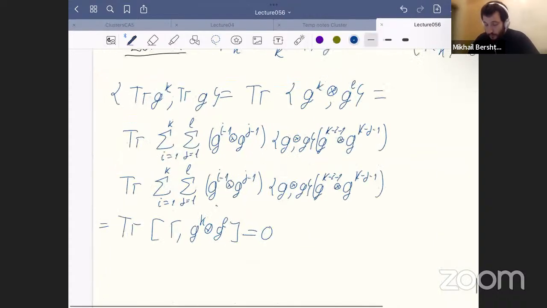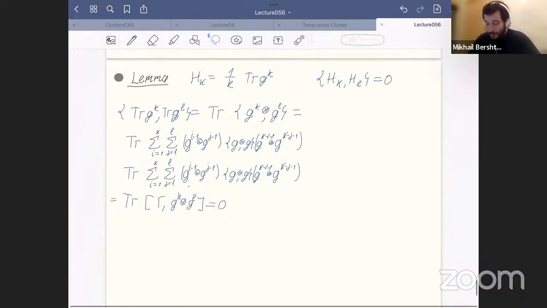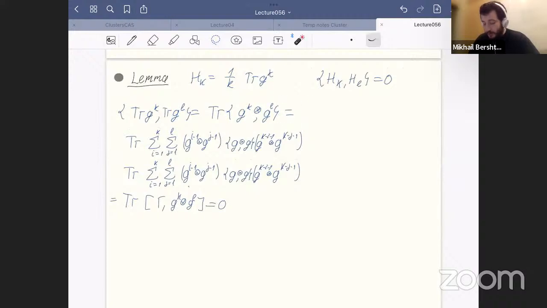So we can put a bracket between trace g to the power k and trace g to the power l. It is the same as computing the bracket between all matrix elements, and then taking the trace of the result, trace with respect to the tensor product of vector spaces.